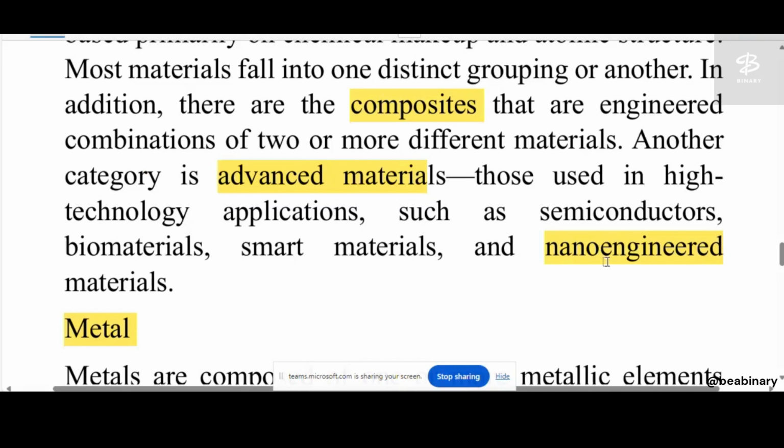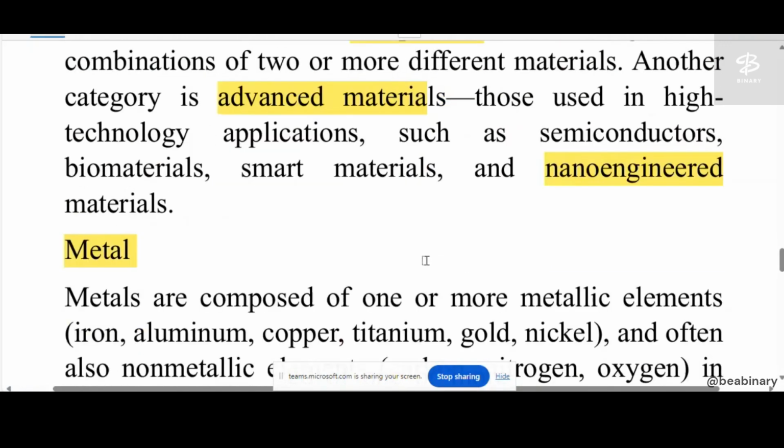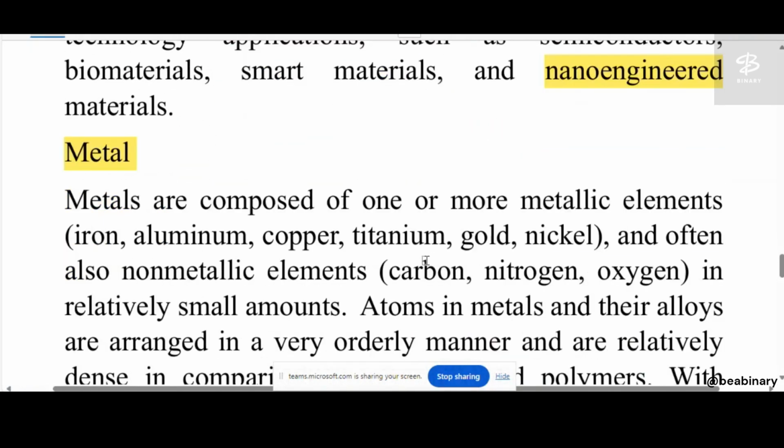So these are the terms that I hope you are not unaware of. I have already defined them. But metal, you have been studying since school days, right? So metals are composed of one or more metallic elements. Elements I have already made clear at the beginning: what are the elements, what are the atoms?